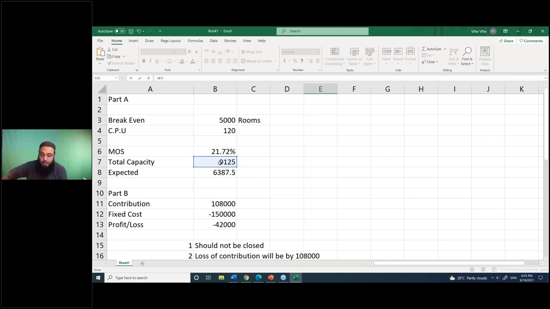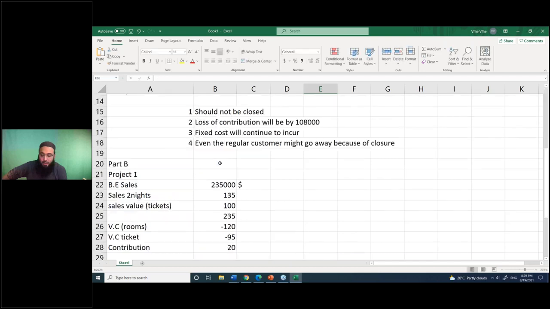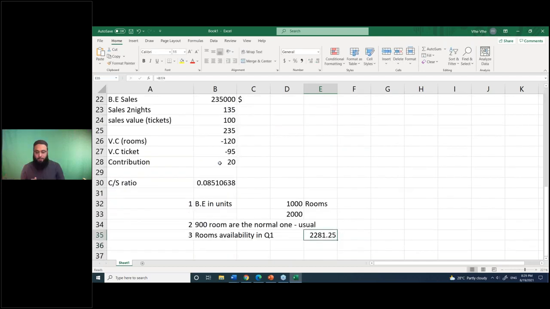So I will divide this with 4, and this gives me the answer of 2281, which means the total rooms available are 2281. Now, how many rooms do you need? You need 2,000. And the normal customers are occupying 900. So you don't have the capacity.